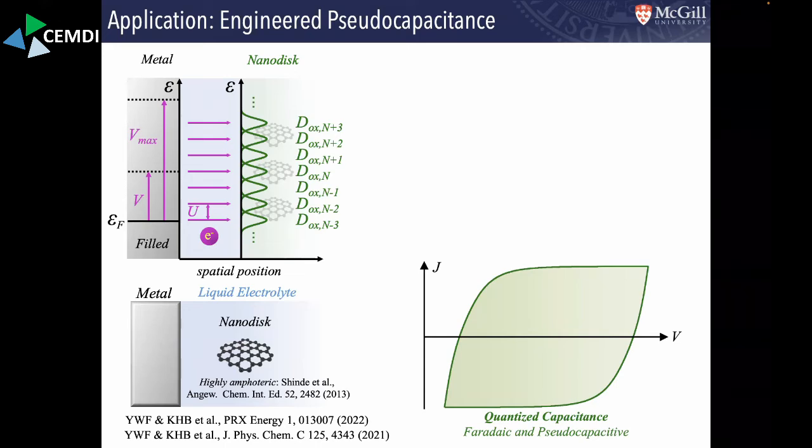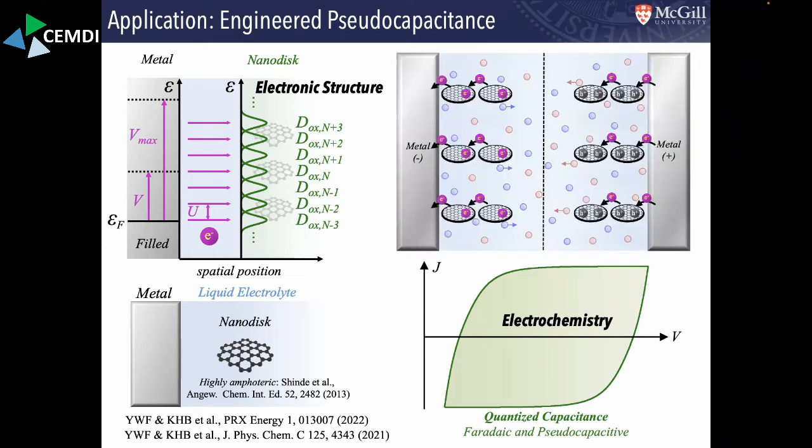So in this study that we did, where we combined electronic structure to look at a new avenue of exploration in electrochemistry, we speculated on whether one could construct, for example, a pseudocapacitive battery using these means, where you could use the highly amphoteric properties of nanodiscs and their two-dimensional character to pack volumetrically a lot of disks into a reasonable space and use fast electron transfer processes to achieve fast charge storage.